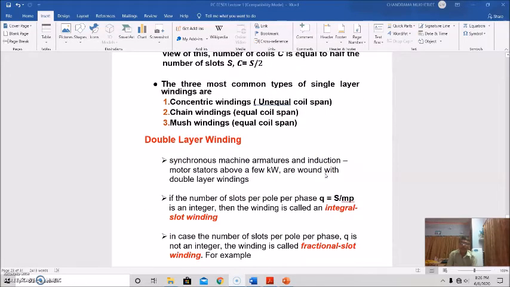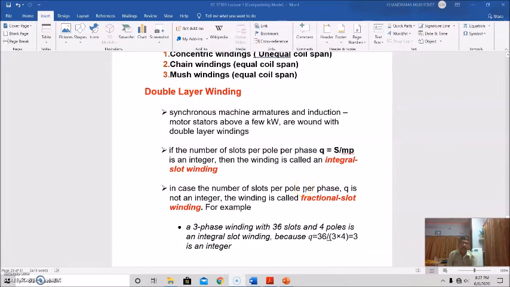For double layer winding, synchronous machine armatures and induction motors above a few kilowatts are wound with double layer windings. If the number of slots per pole per phase, Q equal to S by mp, is an integer, then the winding is called integral slot winding.